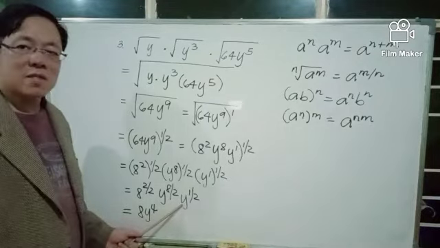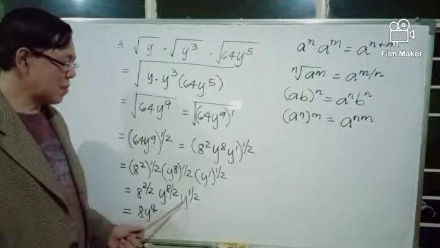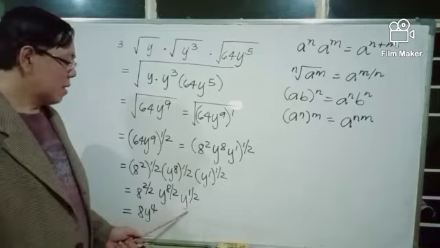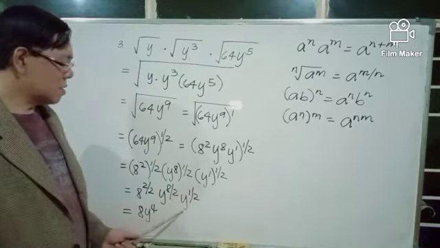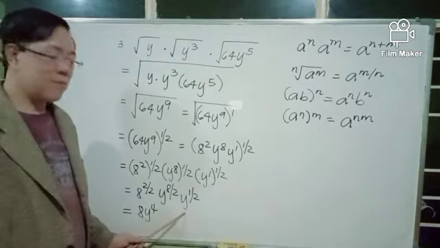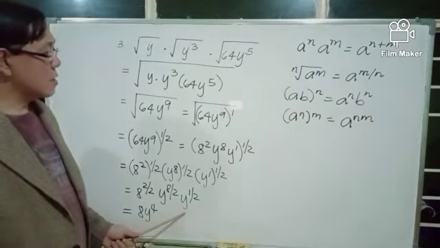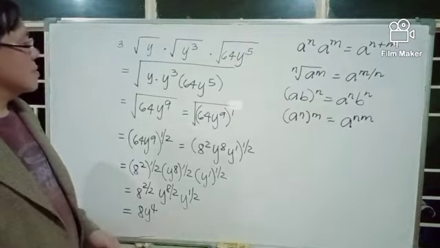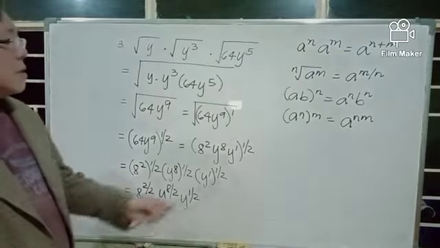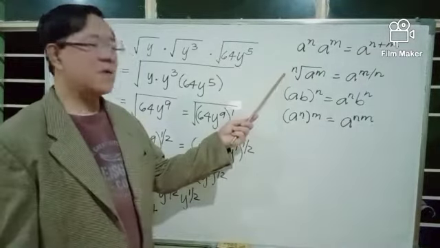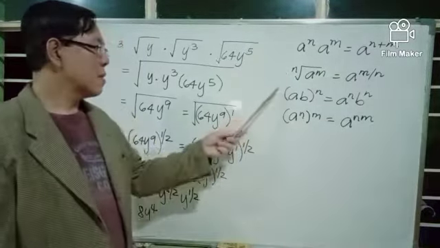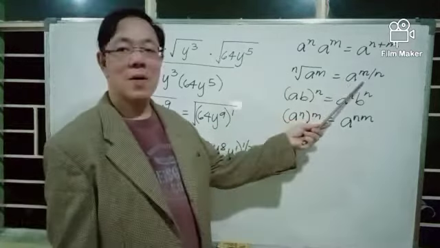Now, we cannot simplify further this expression y raised to 1 half. And we write this in radical form using this property, the first property of radical. But we now start from the right hand side.